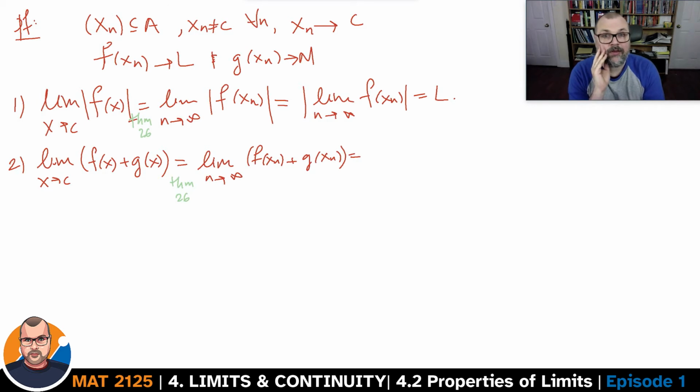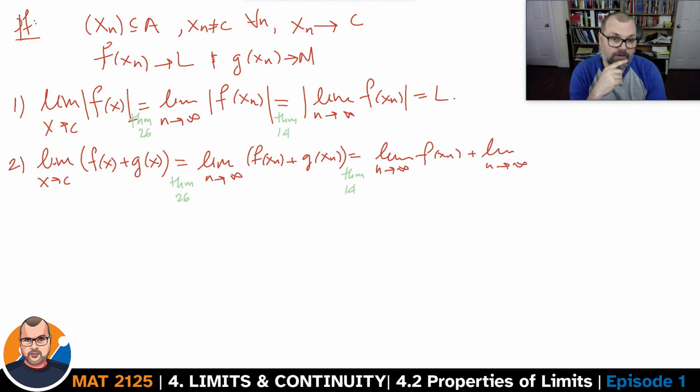And this, according to Theorem 14, the theorem on the operations for limits, is the limit when n goes to infinity of f at xn plus the limit when n goes to infinity of g at xn, which by assumption is L plus M.